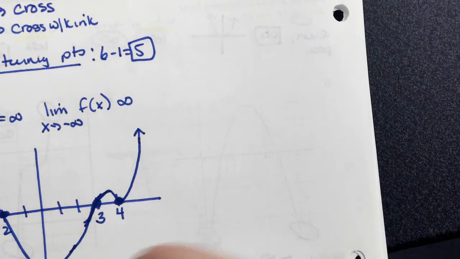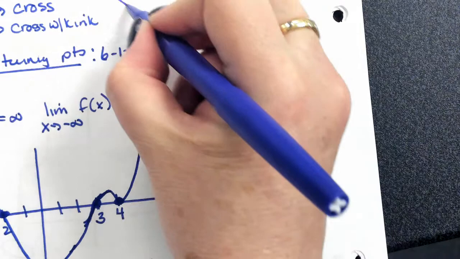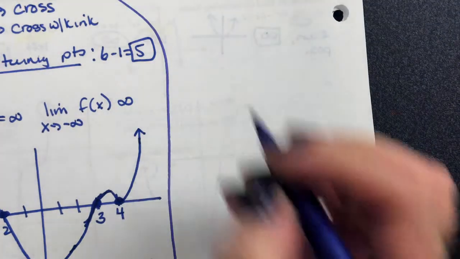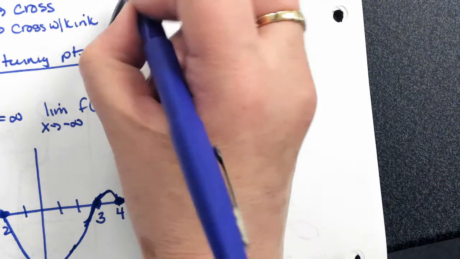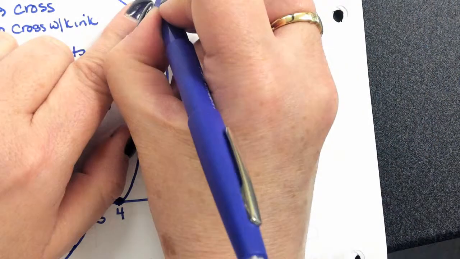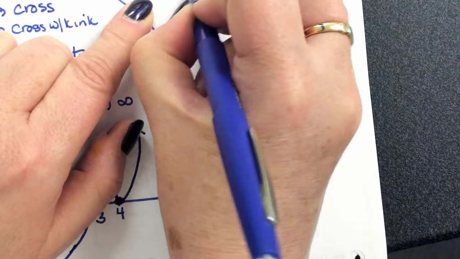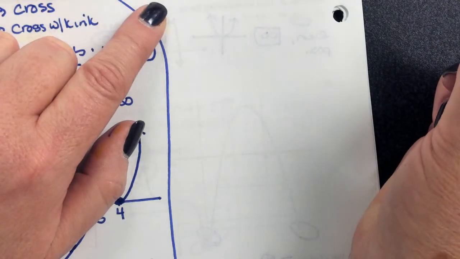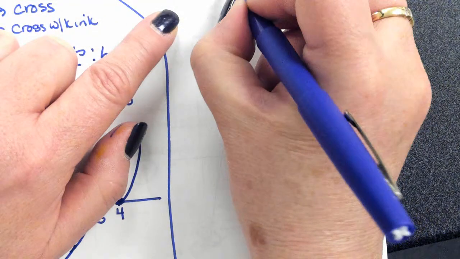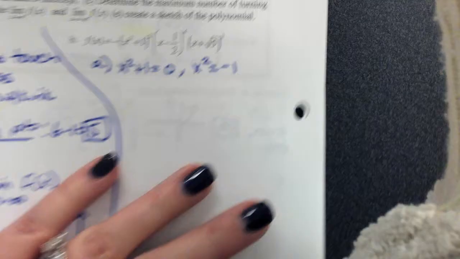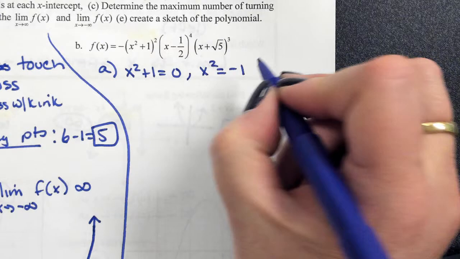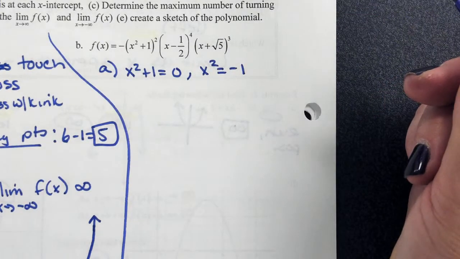So, first of all, let's go ahead and find your x-intercepts. Well, now what happens, guys, when I take x squared plus 1 and set it equal to 0? If I go to try and solve for x, what kind of values do I get here? They're not irrational, but they're what?